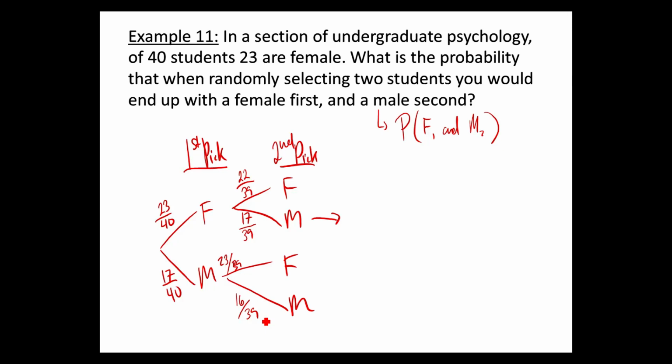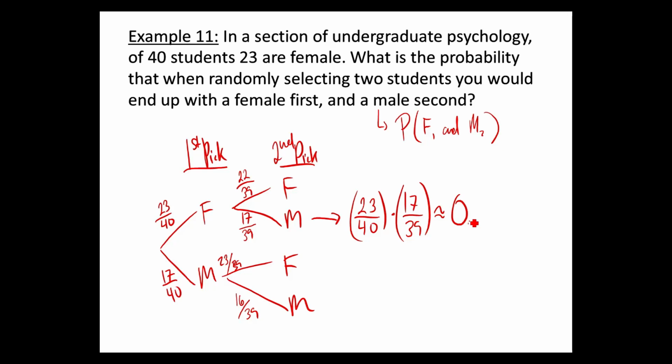So the first event actually affects your probabilities on the second event. Now we know this is the branch we want to be on, so we can just take those probabilities, 23 out of 40 times 17 out of 39, and get whatever that approximates out to. What do you get for that?